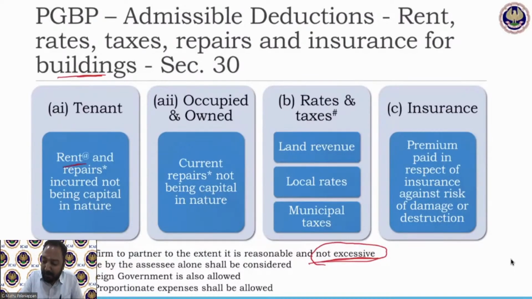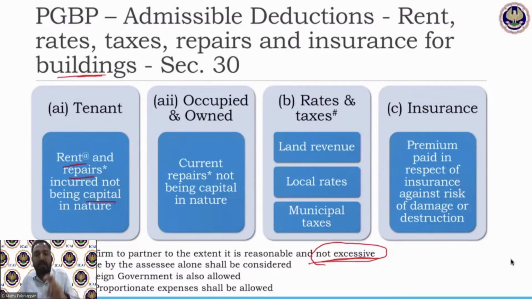Next concept is repair. As a tenant, when I'm incurring any repair charges, I can claim it as an expenditure, provided it is not capital in nature. Very simple, right? I don't think we should study anything to remember this, because we are talking about expenditure which is set off against the income.